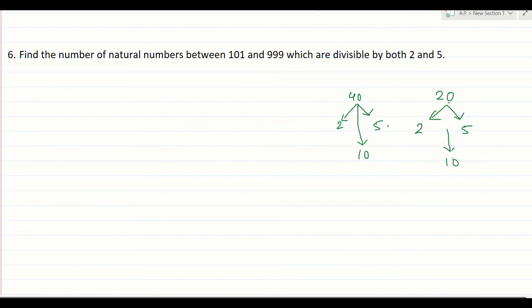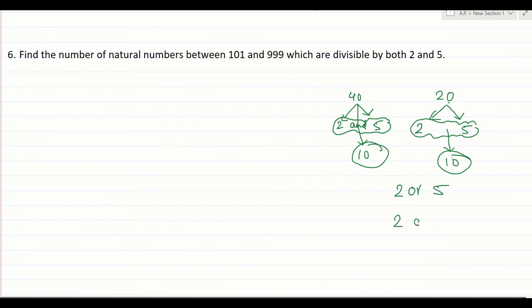So keep in mind, any number which is divisible by both 2 and 5 is also divisible by 10. Is this clear? I repeat, 2 and 5, not 2 or 5. Please keep in mind, there is a lot of difference between 2 and 5 and 2 or 5. They have different meaning.